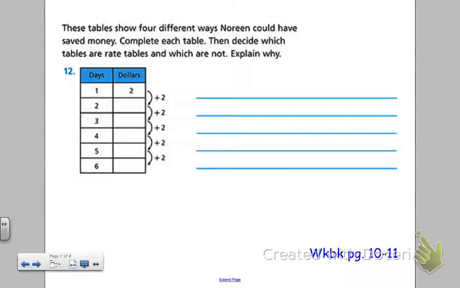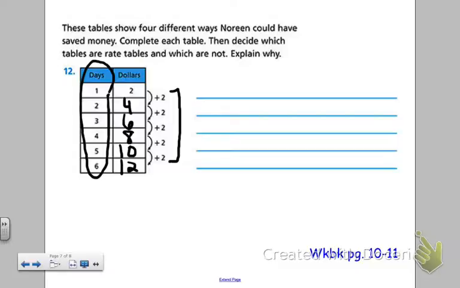So let's see. Looking at this table in number 12, we have our column here for our days, and then we've got a column here for dollars. And if you look to the right-hand side, you can see that there is an increase of $2 every single day. It's constant, a constant rate. So that means by day 2, we're up to $4, by day 3, 6, and so on and so forth.